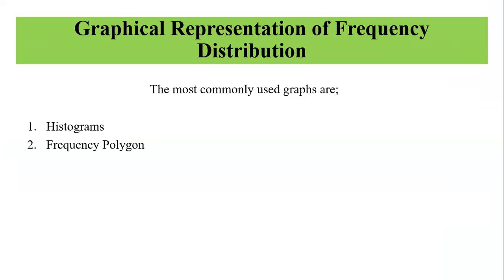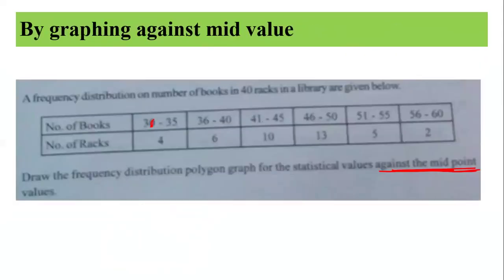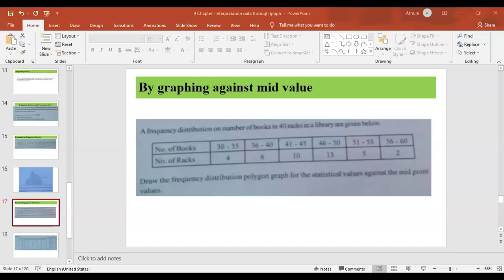Graphical methods: one is the histogram, another is the frequency polygon. We discussed how we can prepare a histogram and also a frequency polygon. Right. Please give me 1 minute. I'll share the last one, chapter 10.